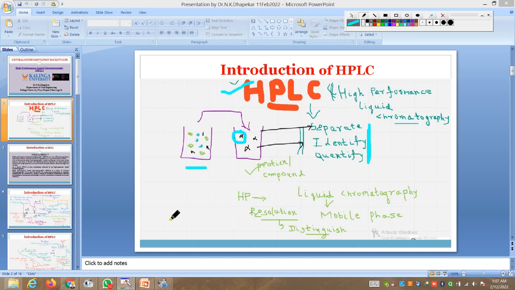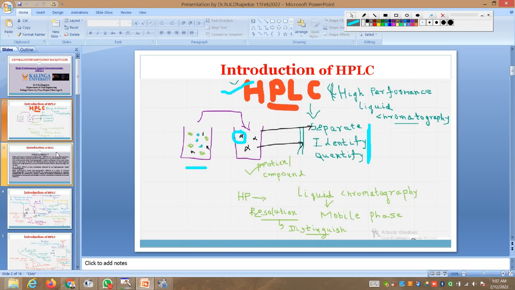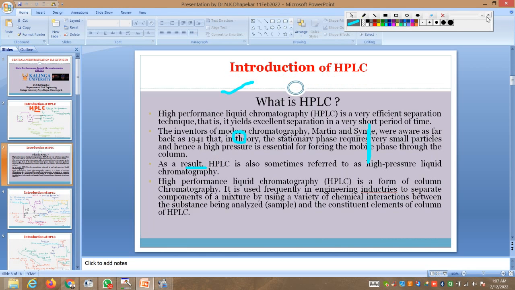So let us start with how this HPLC works and what its components are. HPLC is very efficient in providing us the separation of compounds.